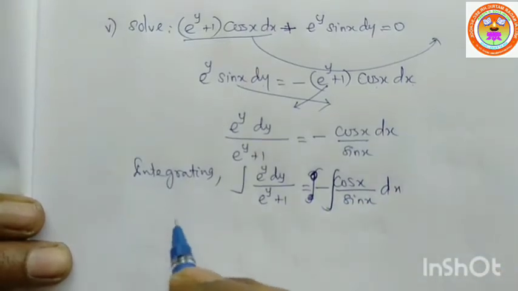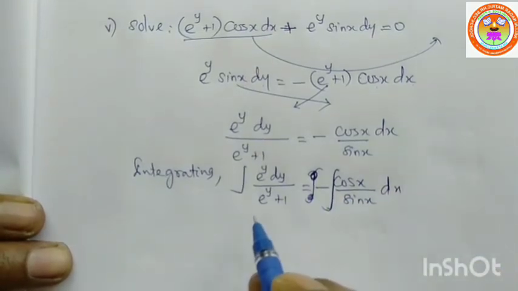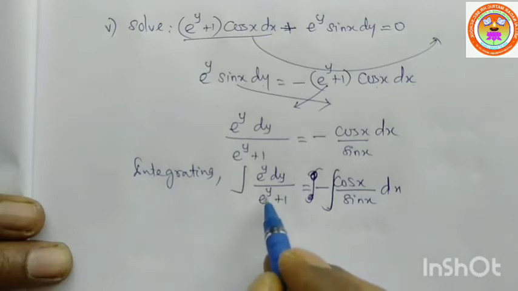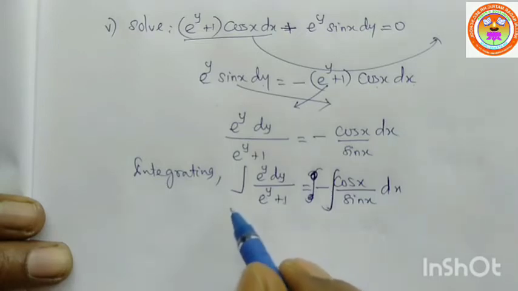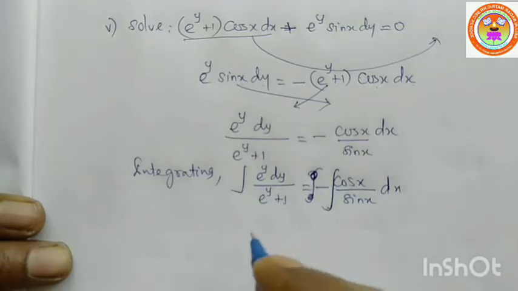See, differentiation of the denominator: e power y differentiation is e power y, constant differentiation is 0. So we have the differentiation of the denominator in the numerator. So what can we apply? Log of the denominator.